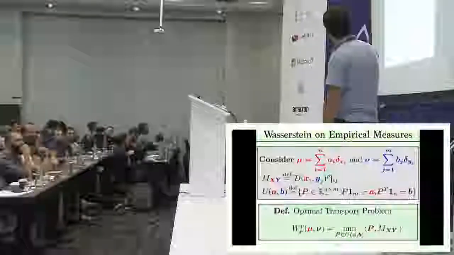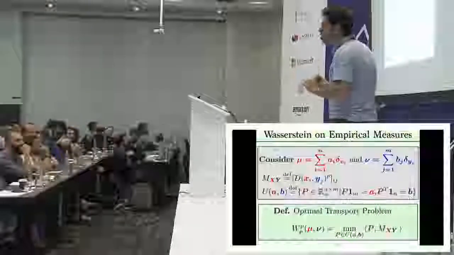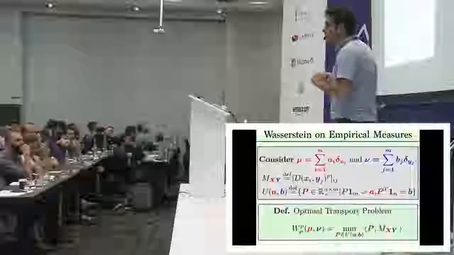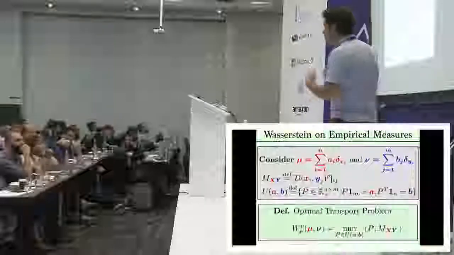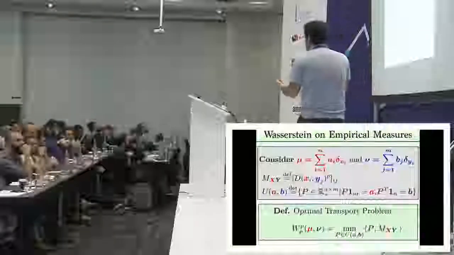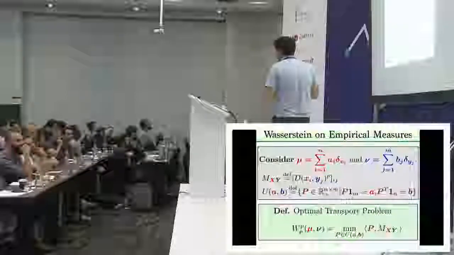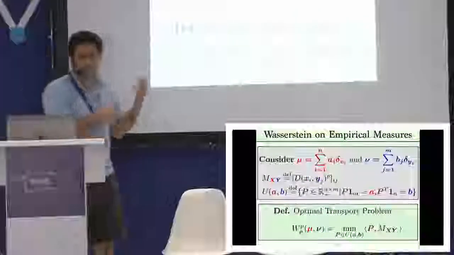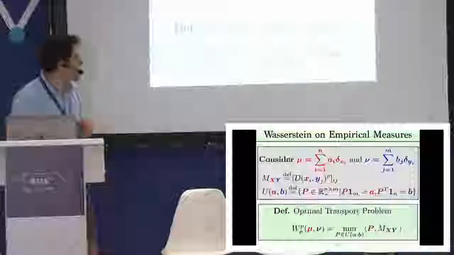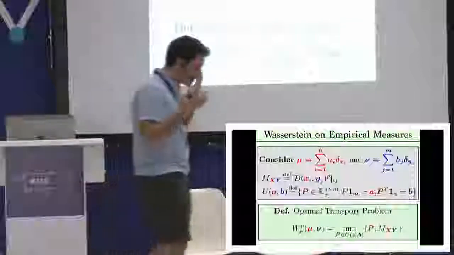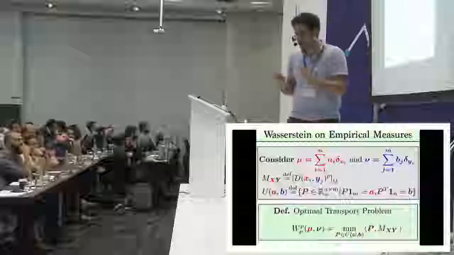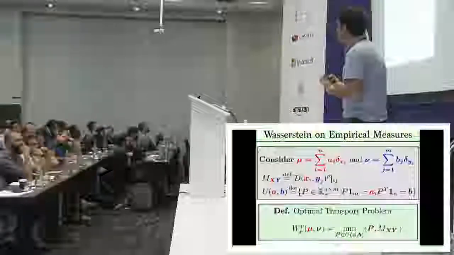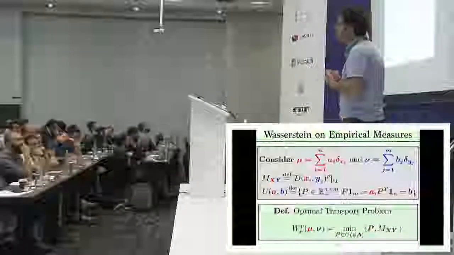I am going to first encode the geometry of my set of points in this matrix, which is the pairwise distance matrix. It holds all of the distances between x_i's and y_j's, eventually to the power p, if I'm using 2-Wasserstein, etc. And then, remember, Kantorovich problem, we have this network which gives us this geometry, the distances, and then we have all of those matrices that we can consider that have the right marginals.